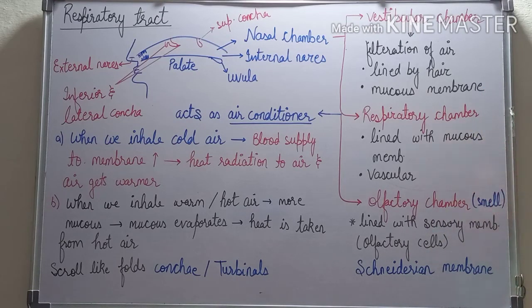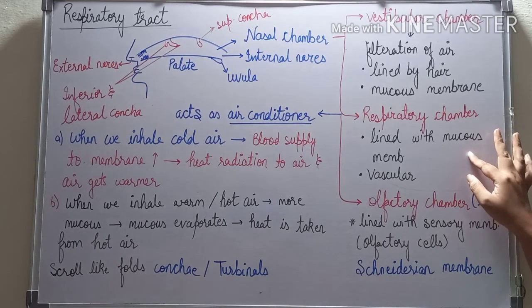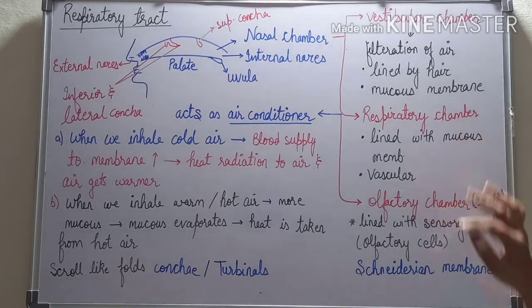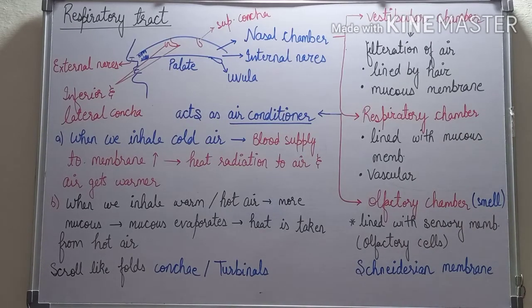Next is the respiratory chamber. The respiratory chamber is again lined by mucous membrane, but is also vascular, meaning richly supplied by blood. Now, why is this chamber vascular? Because this respiratory chamber acts as an air conditioner. What does an air conditioner do?